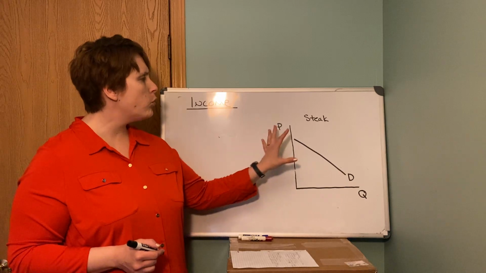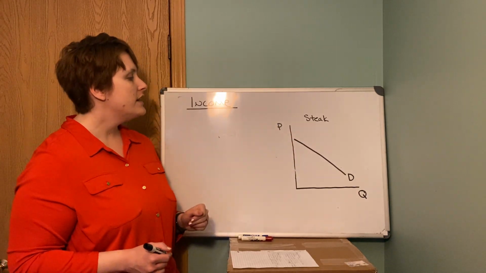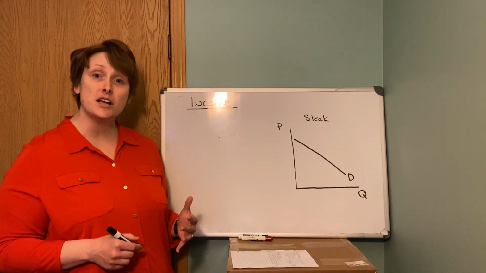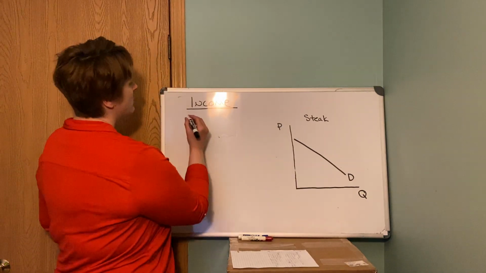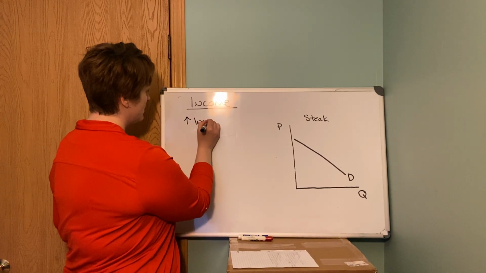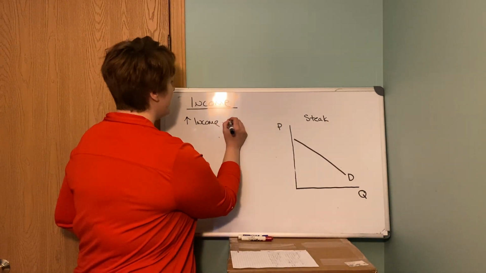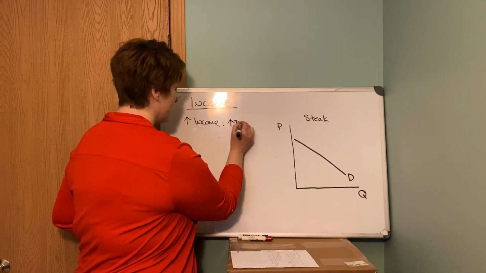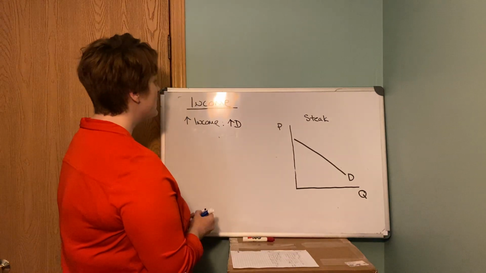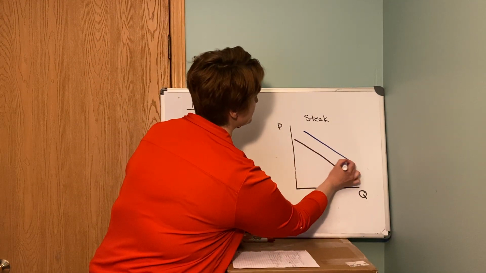So what we expect here is a pretty normal market for steak. Now, what happens when our income changes? Well, if we see an income increase, then we're going to see an increase in our demand. So if our income increases, demand increases.